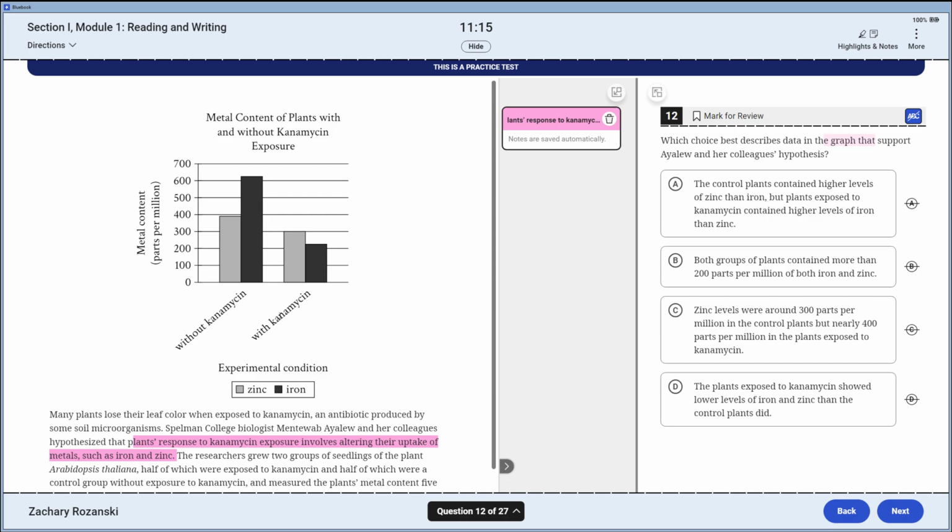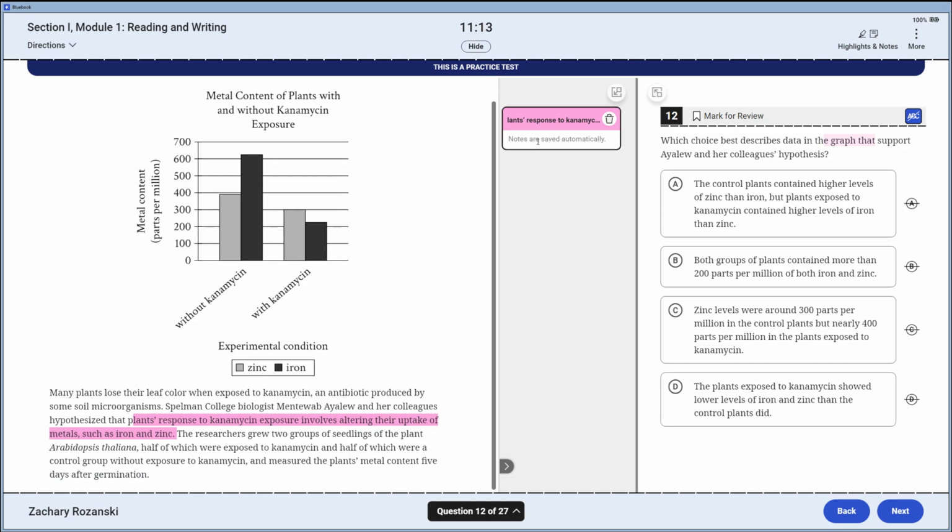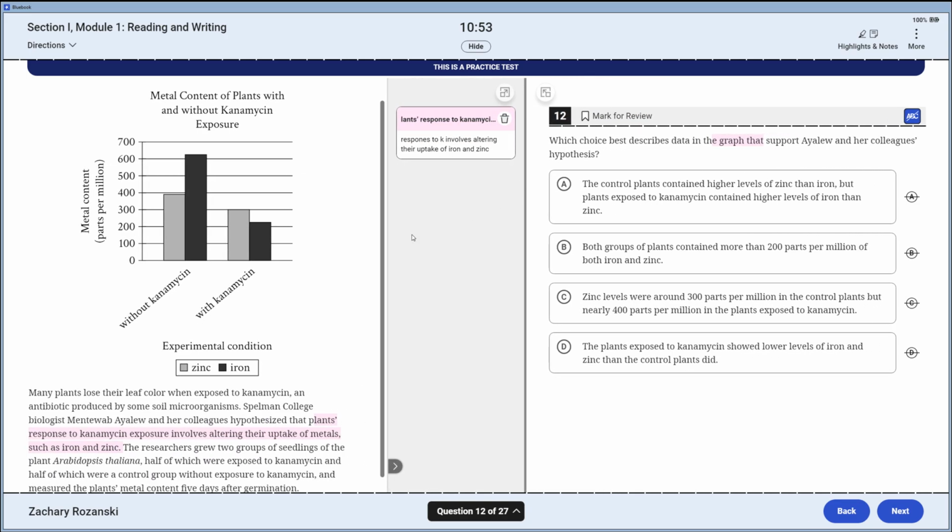They hypothesized, I'm making a note here because this is a lot. Response to K involves altering their uptake of iron and zinc. As I type that, I know it says such as and stuff, but as I was typing that, I was looking here. That's all I've got, right? Response to K involves altering their uptake of iron and zinc.